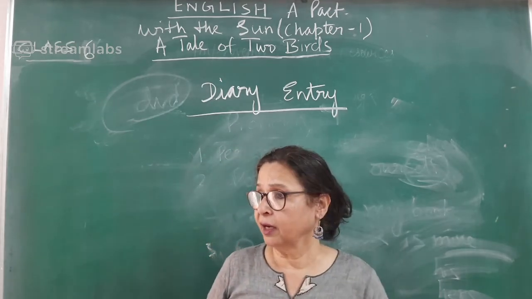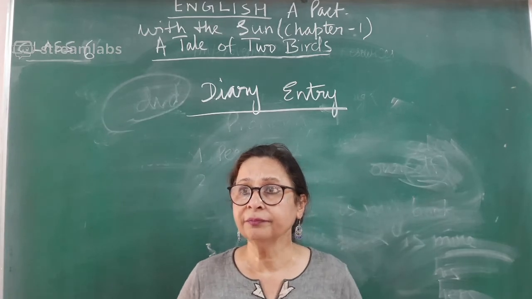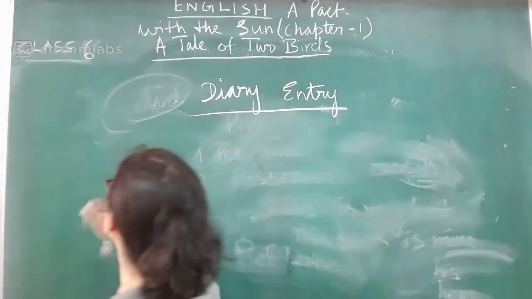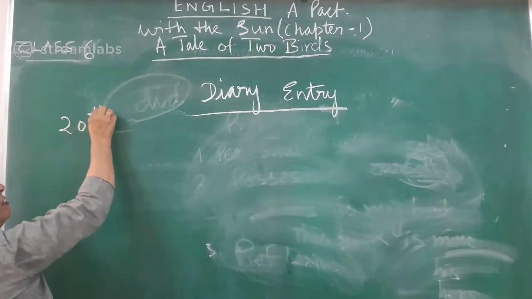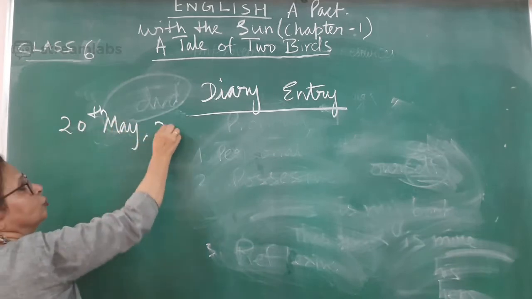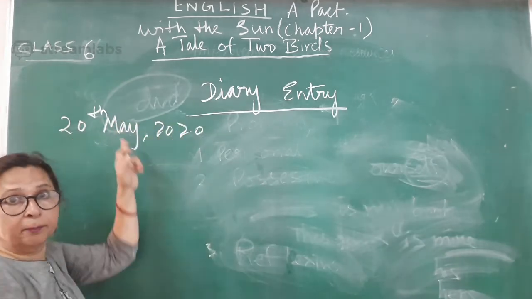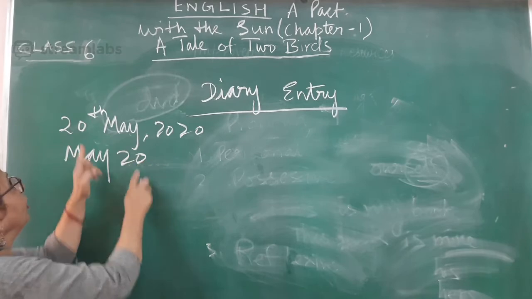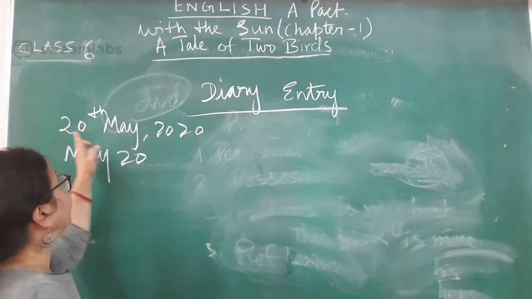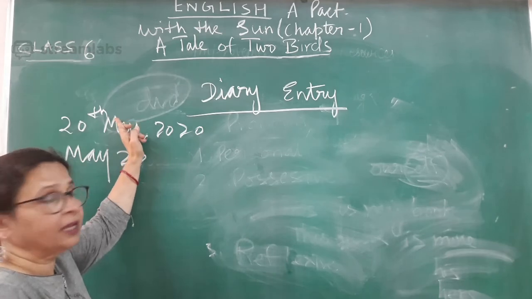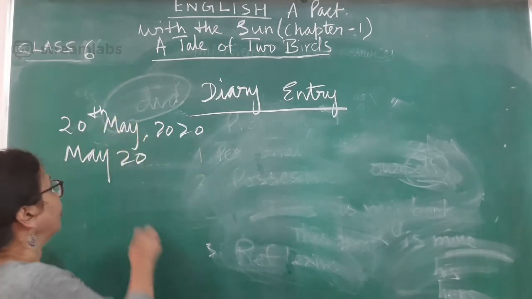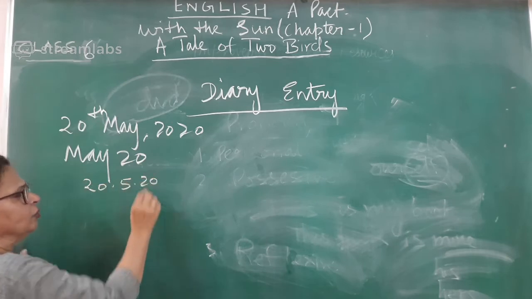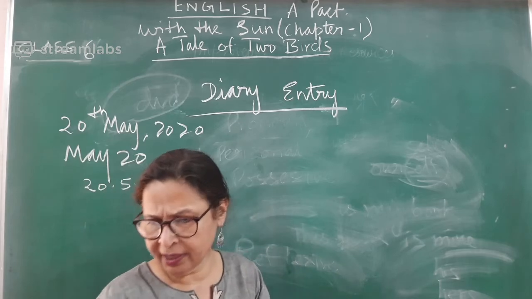Today is 20th, so you can write 20th May 2020. If you write it the other way, May 20, you should not put th. But if you write 20th May, then put th. So there are different ways you can write.